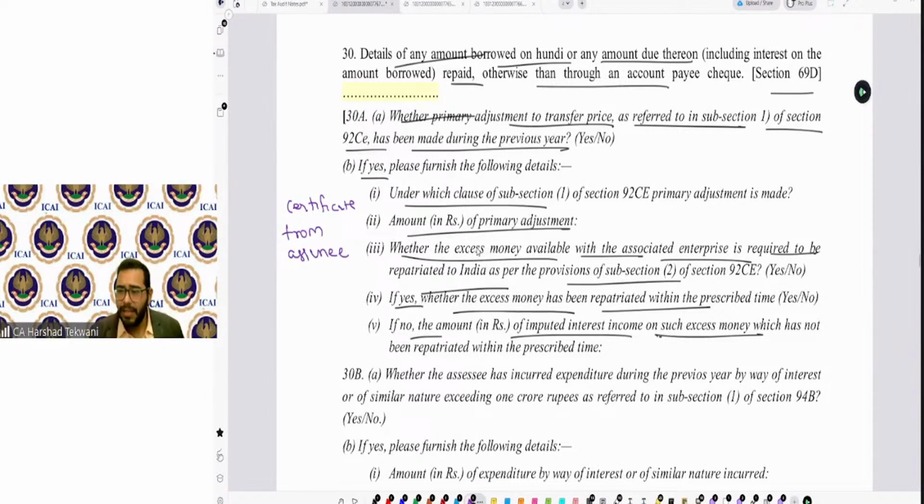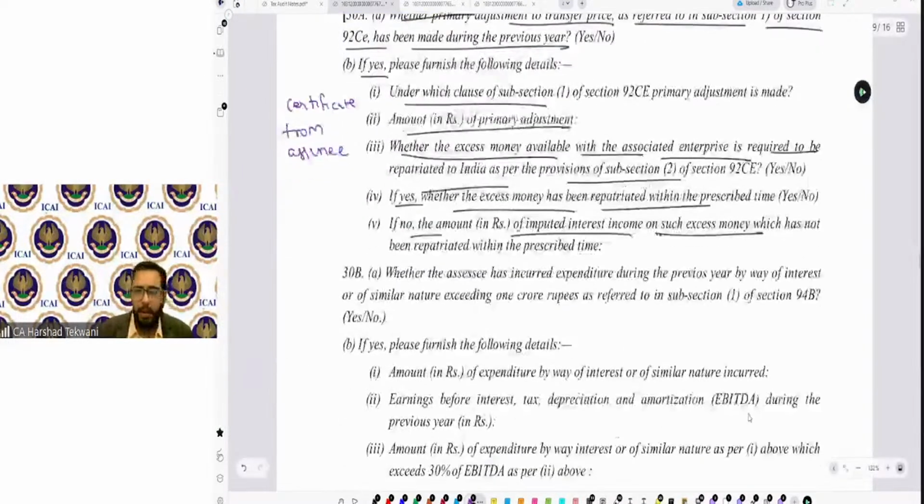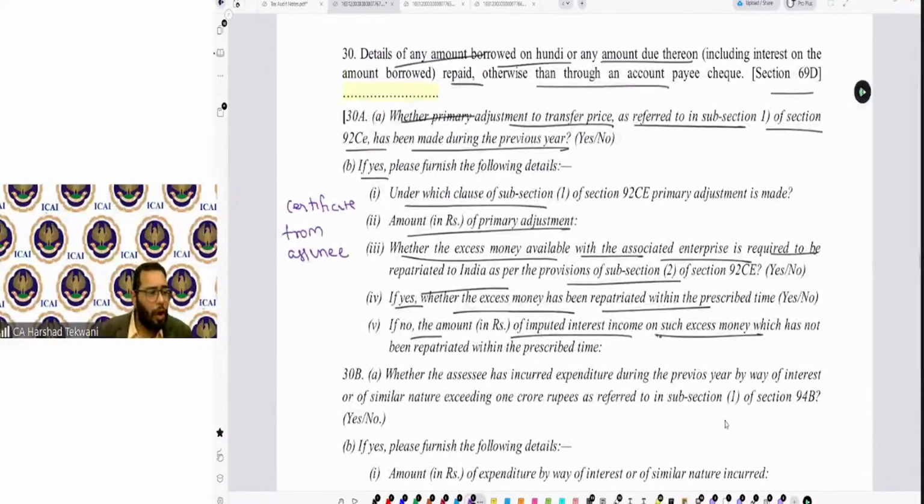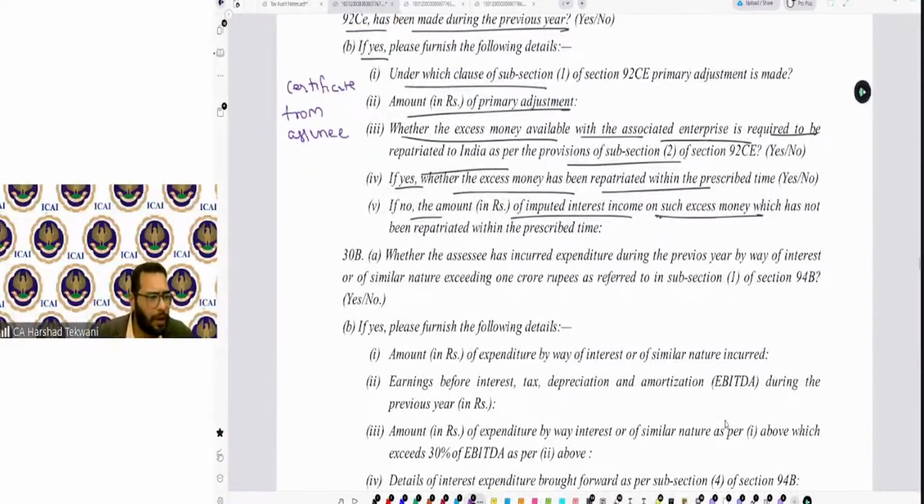Plus, if any transfer pricing audit or any reporting has been done with respect to these transactions, we can also verify from those reports. In the same way, we have clause 30B, again with respect to transfer pricing only, primary adjustment basically. So 30A talks about primary adjustment, and 30B also talks about primary adjustment.